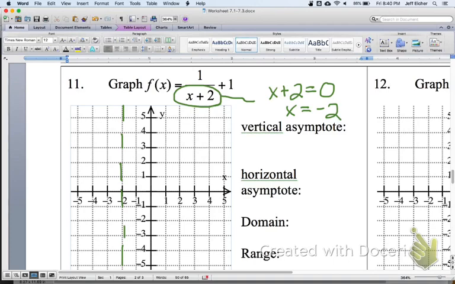Now typically a 1 over x function has a horizontal asymptote at the axis, but since you have this shift up 1, you have a horizontal asymptote at y equals 1, which we can graph right here. And we have a 1 right here, so we don't have a constant that we're multiplying to 1, so we have a point here and here.